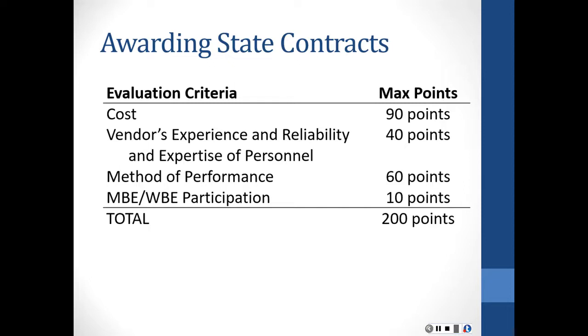The way the state awards the contracts is by points. You get so many points, and whoever has the most points gets the contract. The first thing they look at is cost. Just like you trying to provide toilet paper to the state of Missouri, you're going to tell them it's going to cost 2 cents per roll.